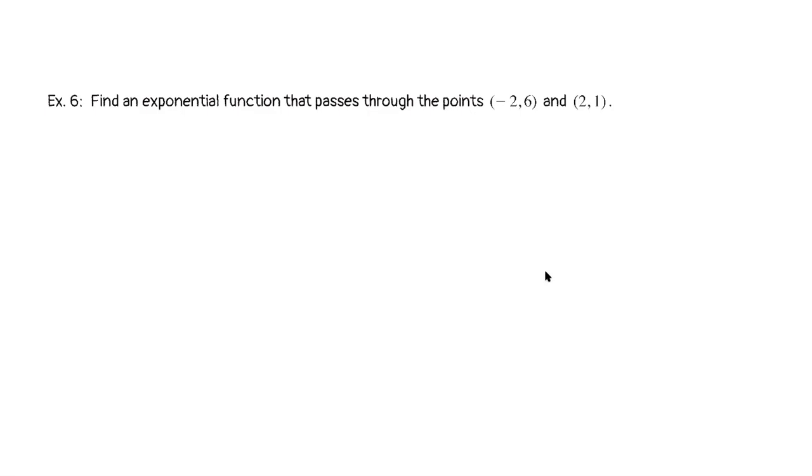Okay. So one of the first things that you want to do when you're looking at these kinds of problems is you want to write the information as 2 coordinate points.